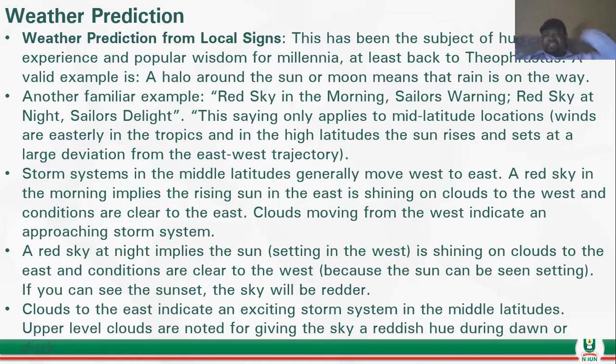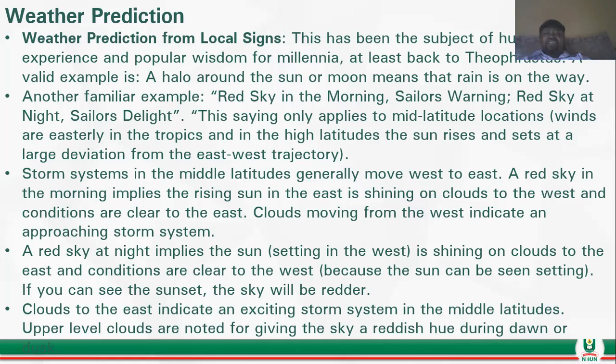Weather prediction. Okay, weather prediction. How can you predict the weather? You know, we did part of it above. And I think the last 2 weeks we touched a bit of it. But now let's look at what we have today. Weather prediction from local signs.